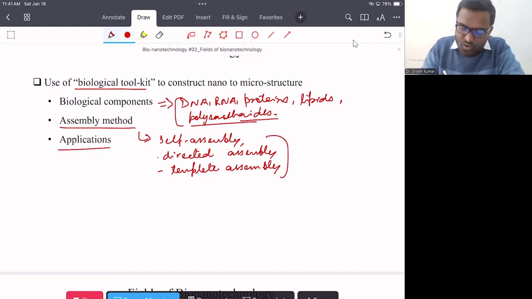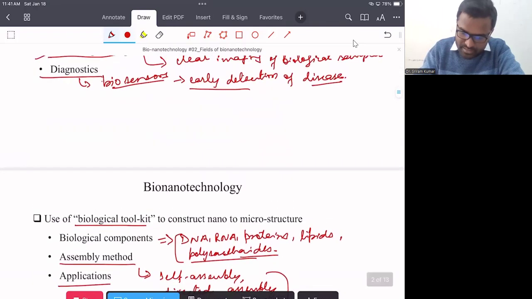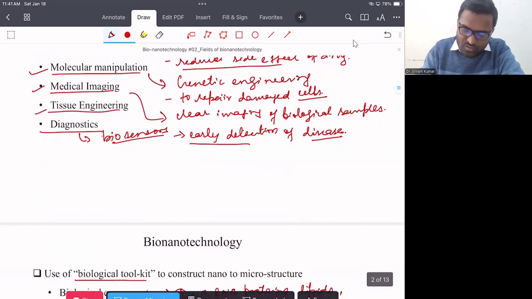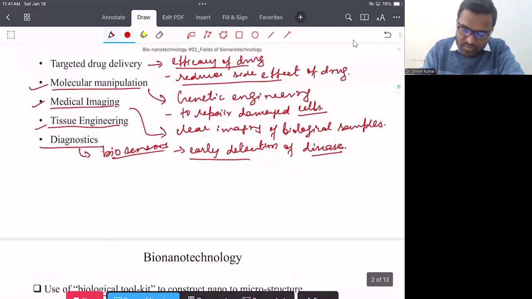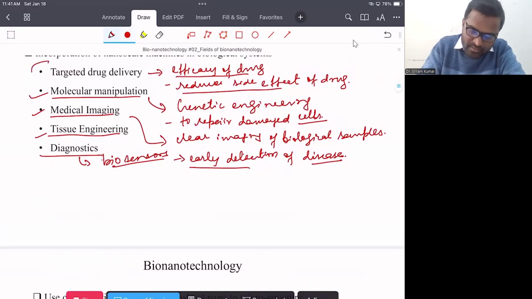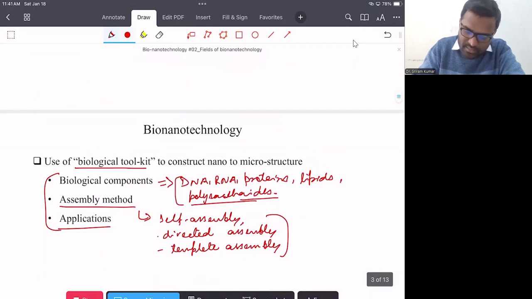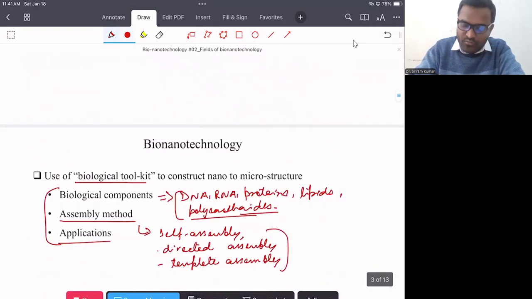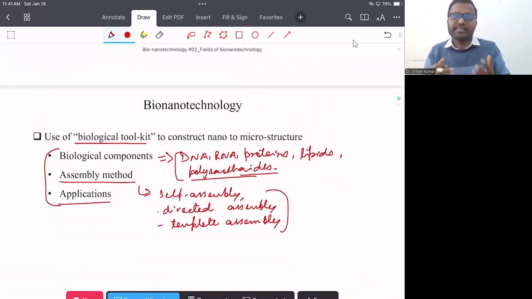And this approach has applications, as I explained earlier, like diagnostics, tissue engineering, medical imaging, manipulations, and targeted drug delivery. So this approach has similar applications to the first approach. This is about understanding bio-nanotechnology in two ways.